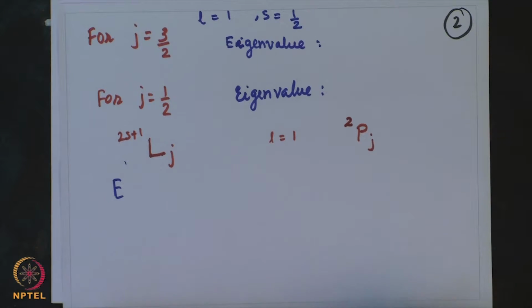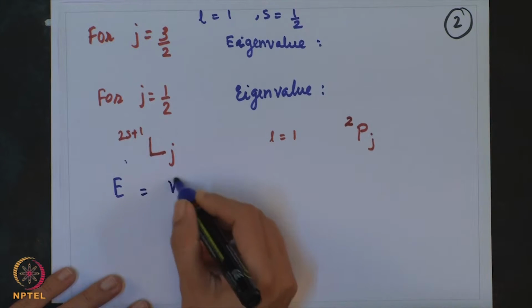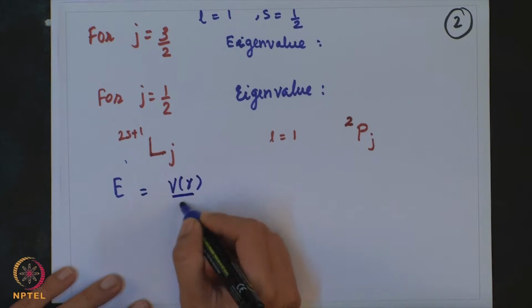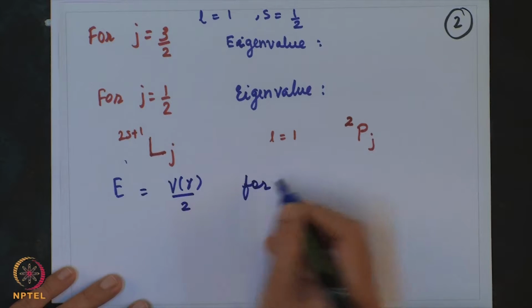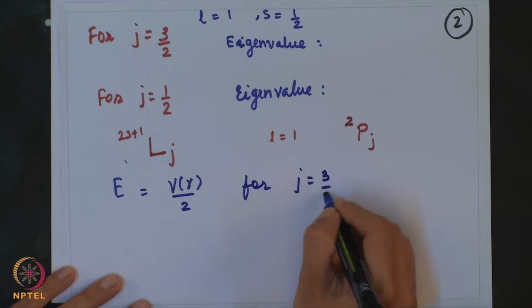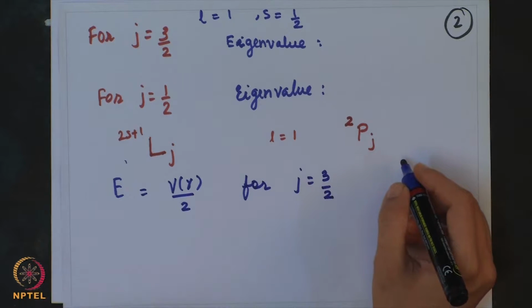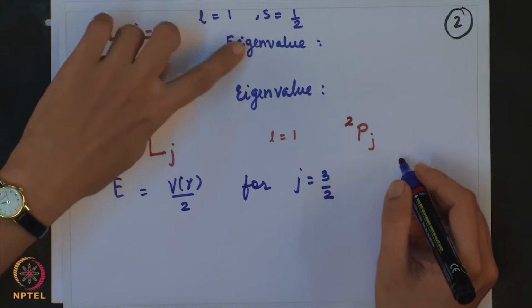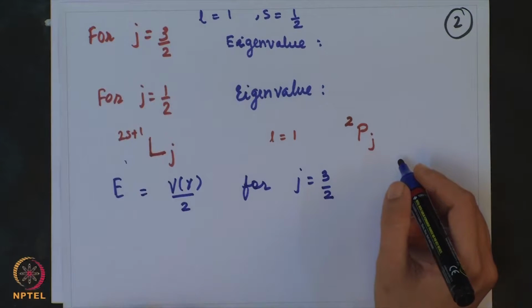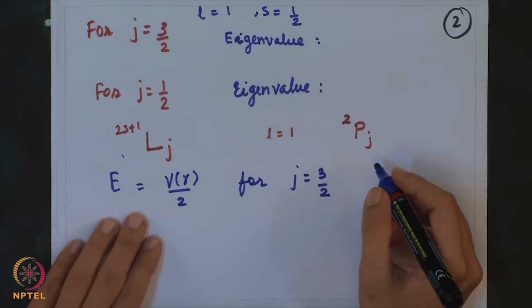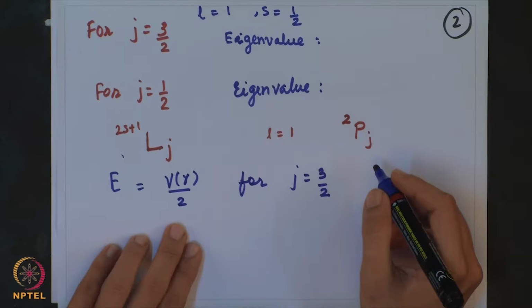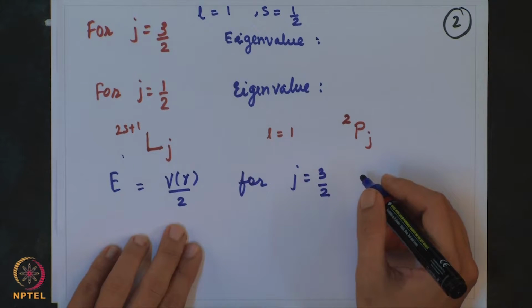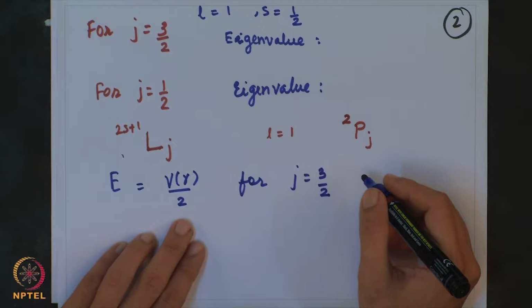So, now the energy E is V(r) upon 2 for J is 3 by 2. You have to fill in these blanks and just match it with what I am giving you as the final result.